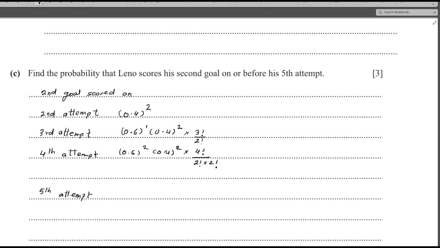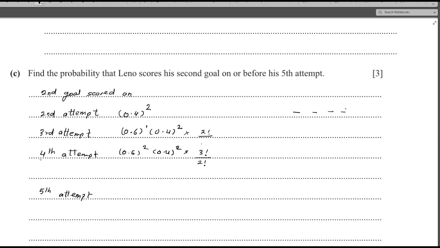Actually here it should be 2 factorial divided by 1 factorial, that is 2 factorial only, and here it is 3 factorial divided by 2 factorial times 1 factorial. Now see why I am saying so, because you have 1, 2 and 3 and this 4. Here I am talking about this fourth attempt.